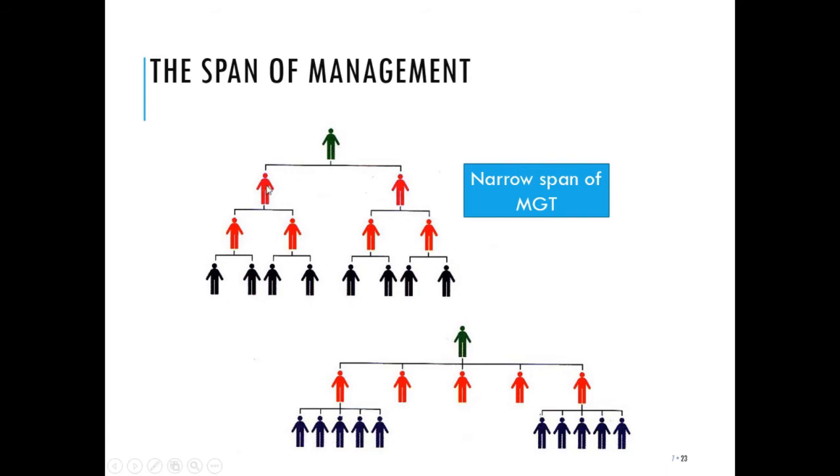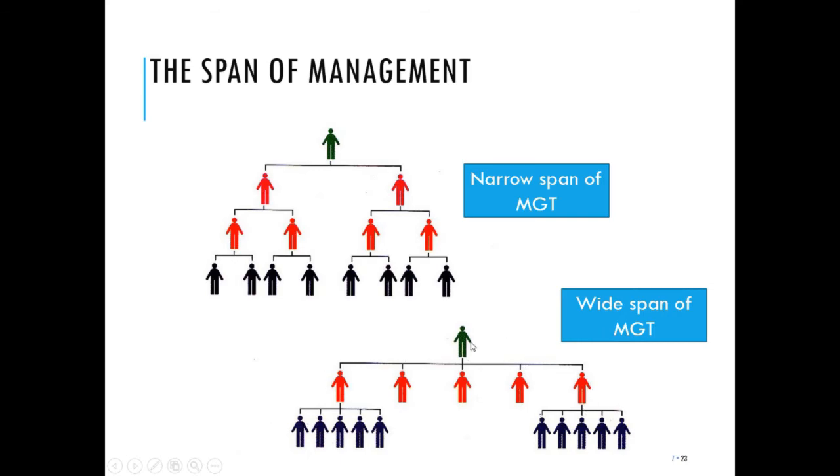So this manager has two, this manager has two, and this manager has two, directly supervising a few managers. A wide span of management exists when a manager directly supervises a large number of employees, like here. So this manager is supervising 1, 2, 3, 4, 5.